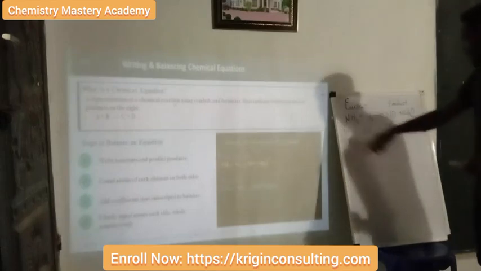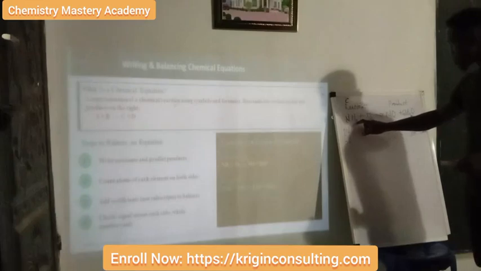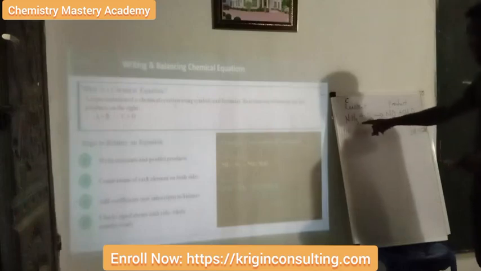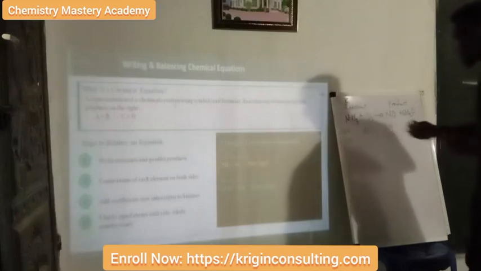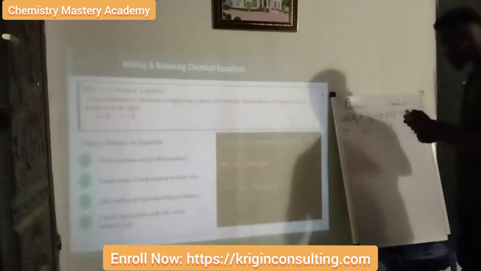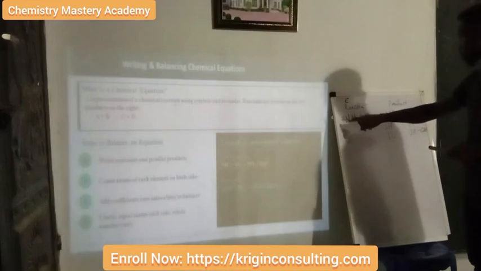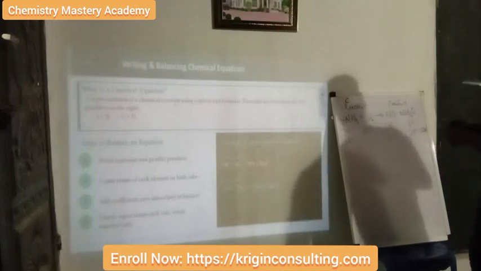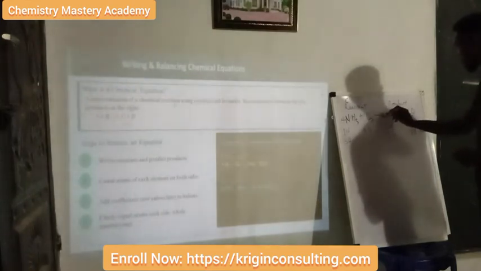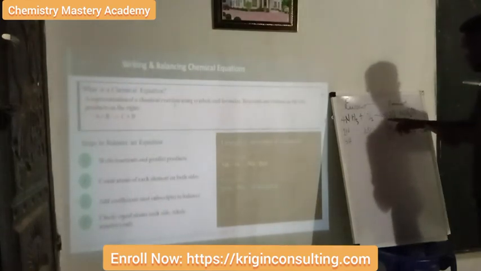Now, when I come here, what do I do to this one? This is 3, right? 12 divided by 3 will give us 4. I will put 4 here. So 4 times 3 is 12. But this nitrogen is now 4. So nitrogen is now 4 here. I will now come here and put 4 here to balance this nitrogen.